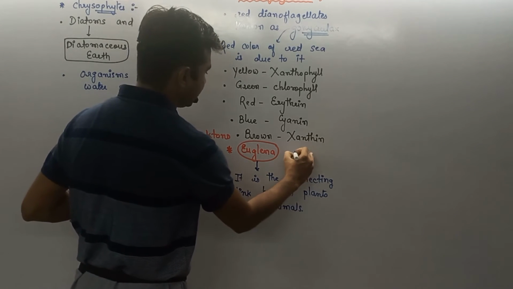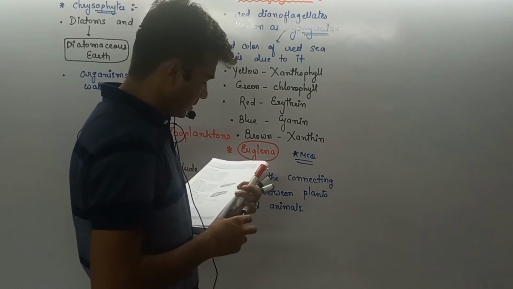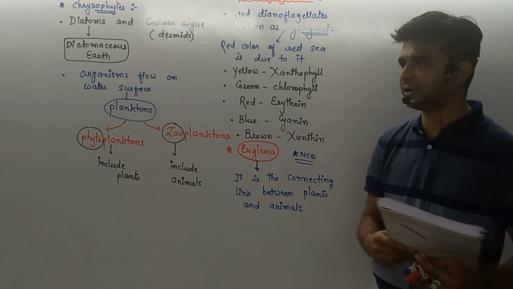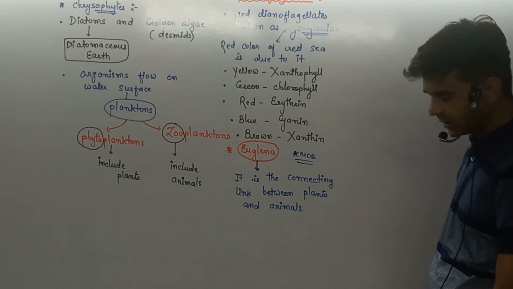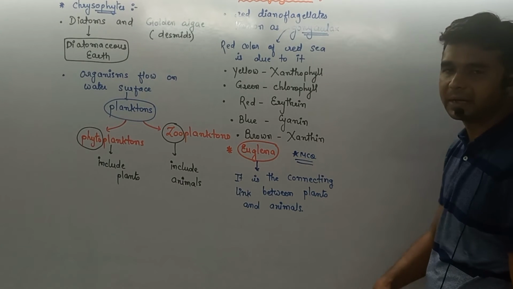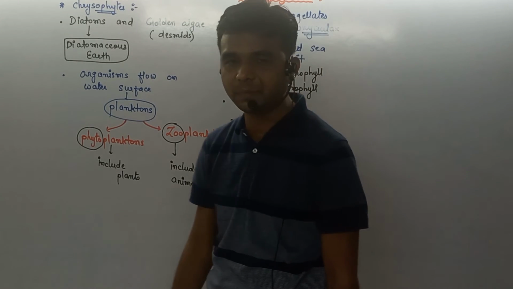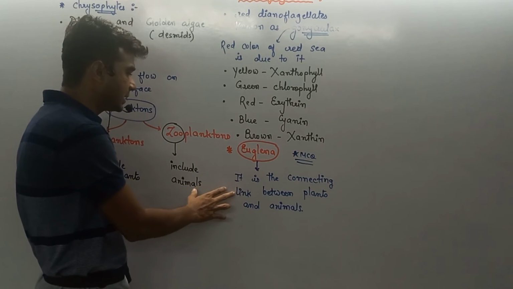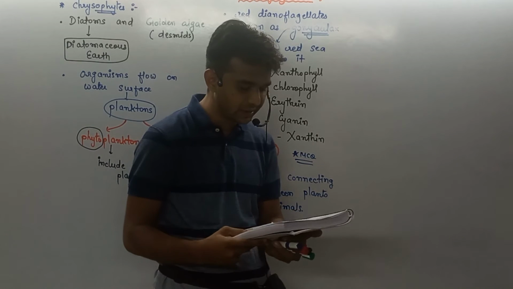This is the most important MCQ. For euglena you have to remember only one thing. In the presence of sunlight, it acts as a plant, it becomes autotrophic. But in the absence of sunlight, it becomes heterotrophic. So that's why euglena is a connecting link between plants and animals. The only one thing is here.